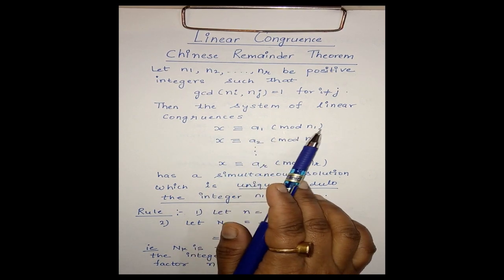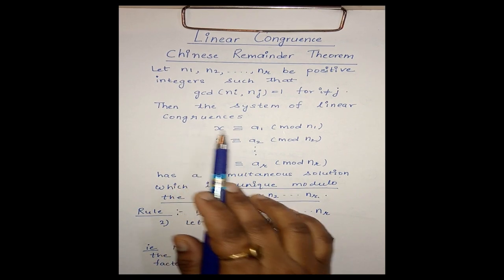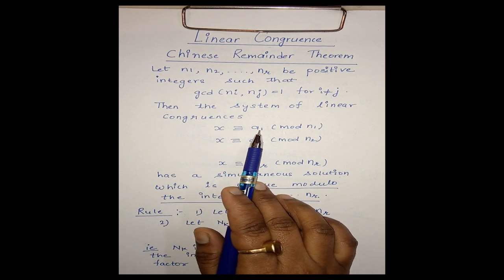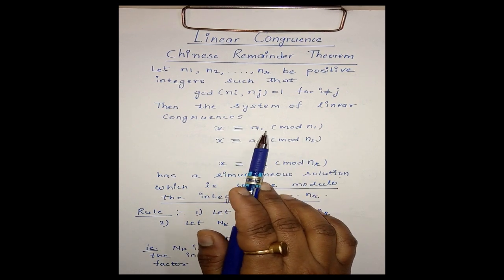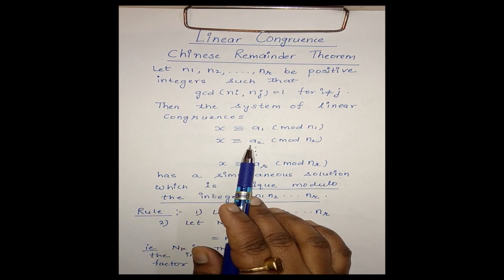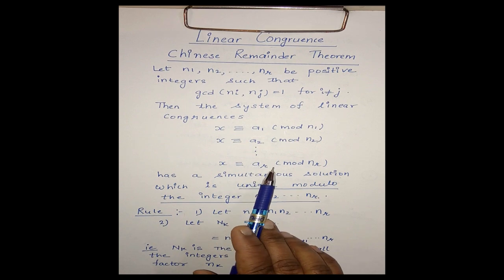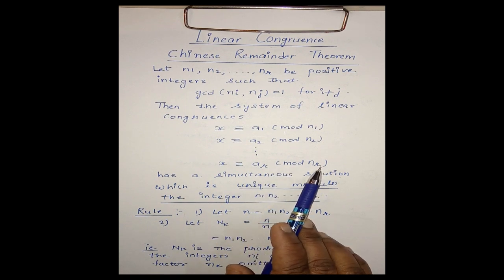By definition, n1 divides x minus a1. So we have to find x such that it gives remainder a1 when divided by n1, the same x gives remainder a2 when divided by n2, and the same x gives remainder ar when divided by nr.